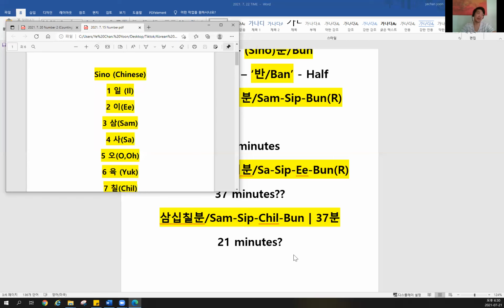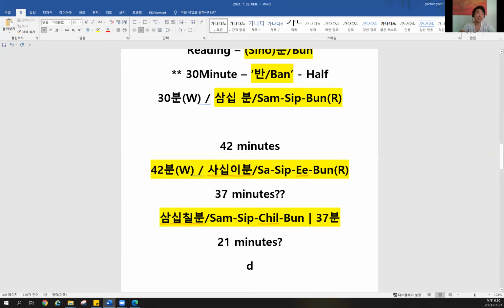Yeah, correct. Then it's going to be what? 21분. Okay, like this, guys. It's really easy. Then how can you write it down, guys? Using the number and then just write down the 분. Easy.